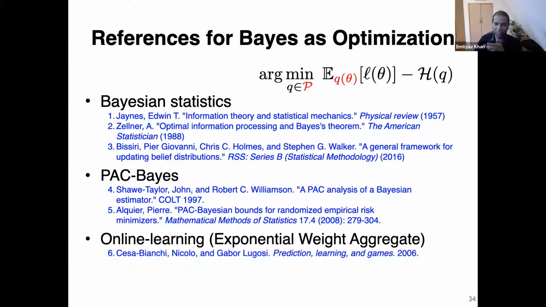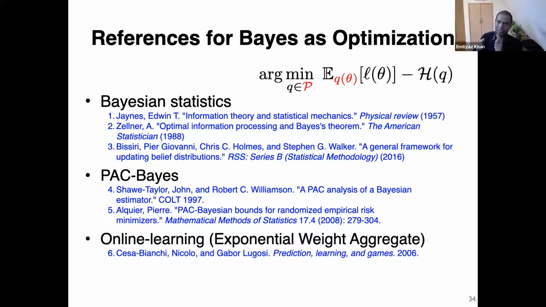In online learning, it has a different name. It's called exponential weight aggregation. It was originally presented, I think, by Blackwell, I don't remember the exact year, and it is very similar to what was rediscovered in the 90s under this exponential aggregation.